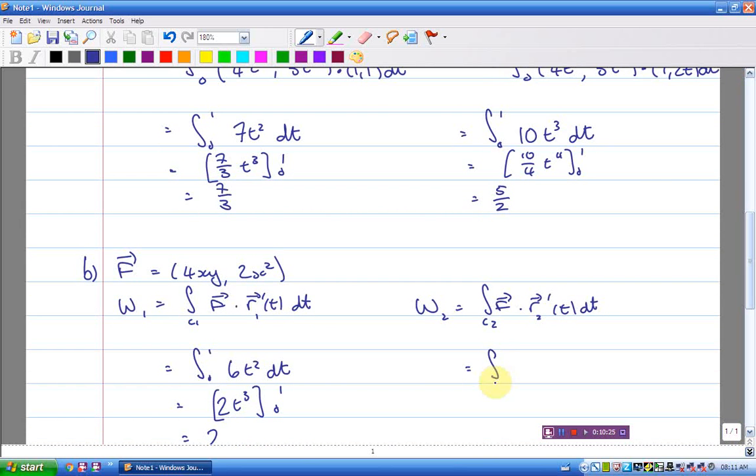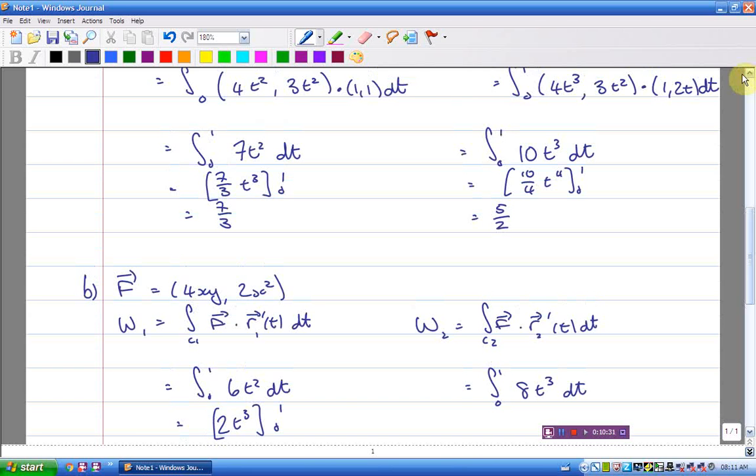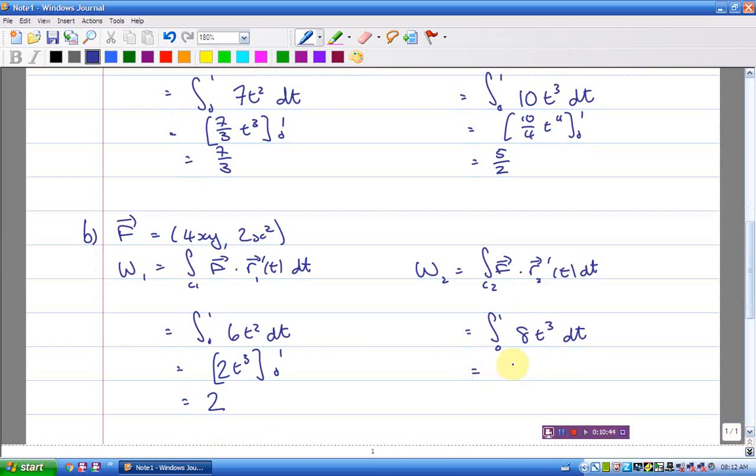I'm going to have 8t cubed dt. Do you see that? The line is right at the top of the screen over there. Instead of a 3t squared, there'll be a 2t squared. So when I do the little dot product, I'll end up with a 4t cubed plus a 4t cubed. Gives me an 8t cubed. So that will be 8 over 4. There we go.